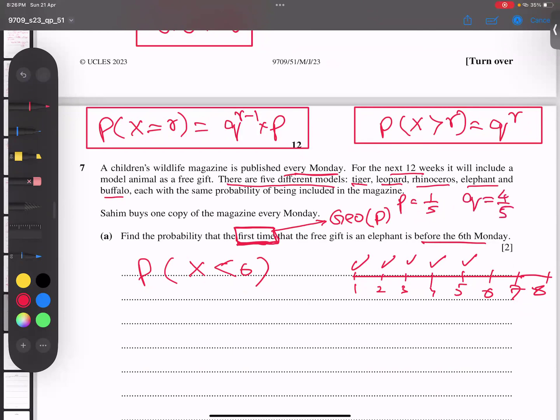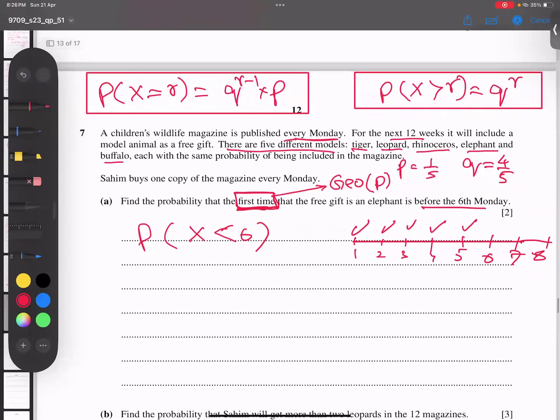Second option, I show you both. If x value is 1, 2, 3, 4, 5: for 1, 1 minus 1 is 0, so I get q to the power 0 times p, that is 4 over 5 to the power 0 into 1 over 5.